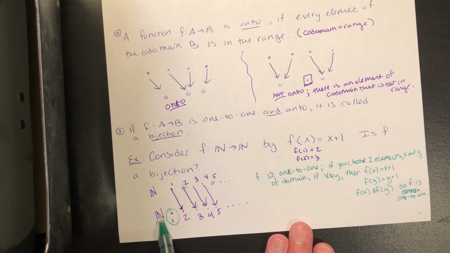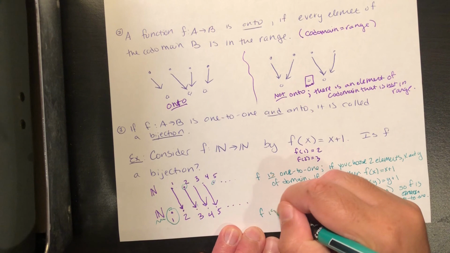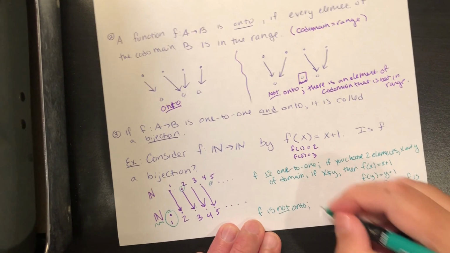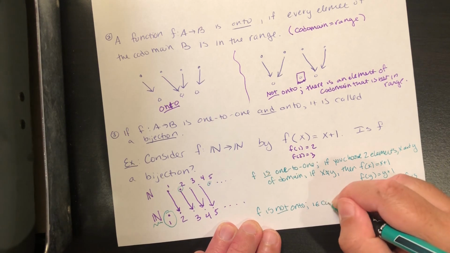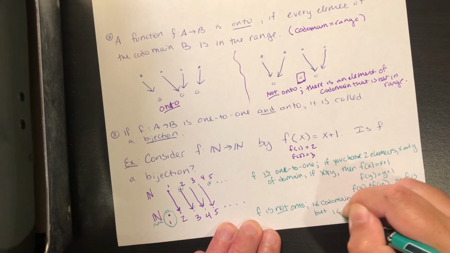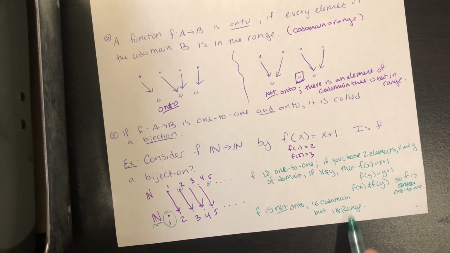We have this first number here in your codomain, nothing maps to it. So f is not onto, and that's because 1 is an element of the codomain, but 1 is not an element of the range. So the codomain is not equal to the range, and so this function is not onto.